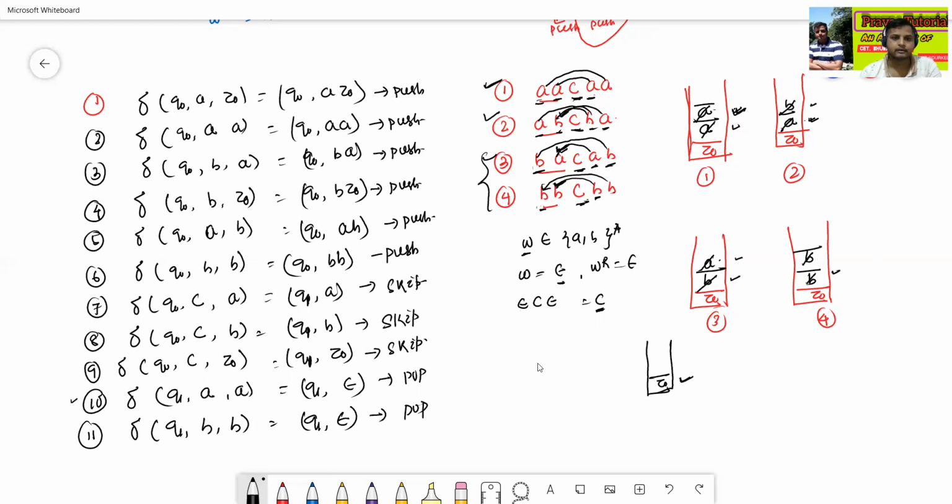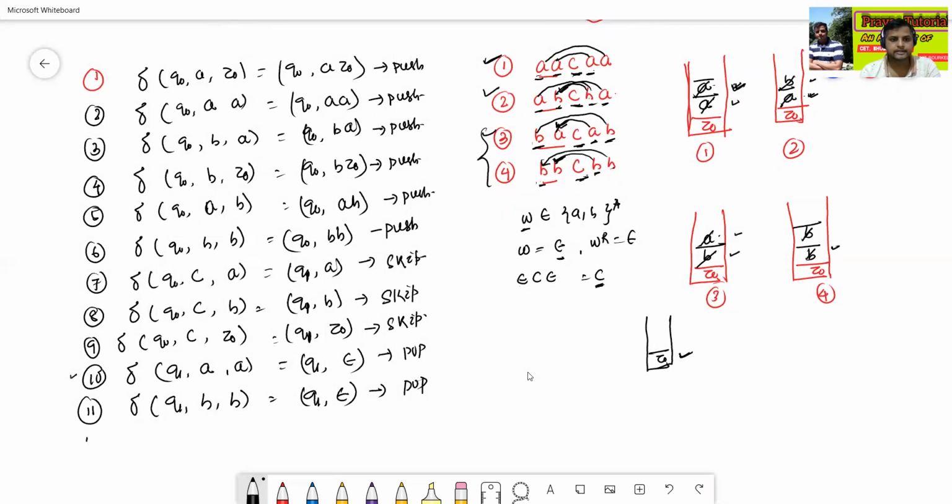Okay. Now the 12th one. The last means popping the initial stack element. Delta Q1, there is nothing, meaning epsilon, epsilon Z0, Q1 epsilon. So this is a pop.